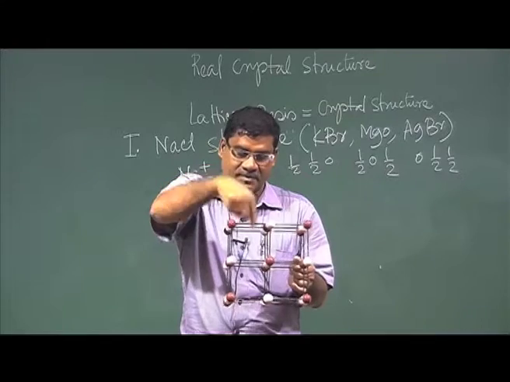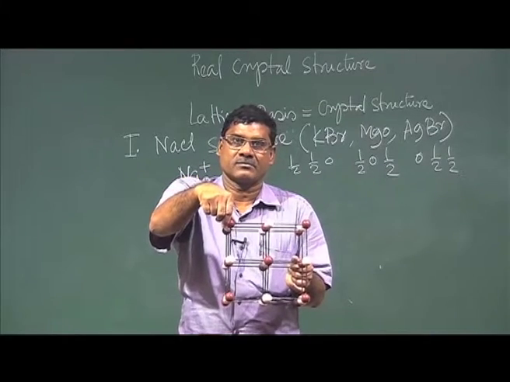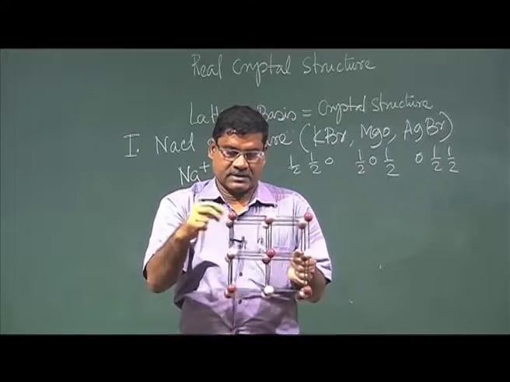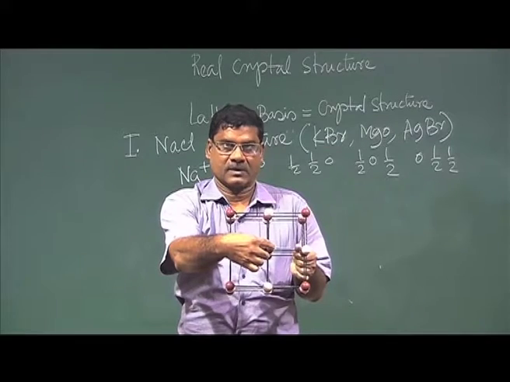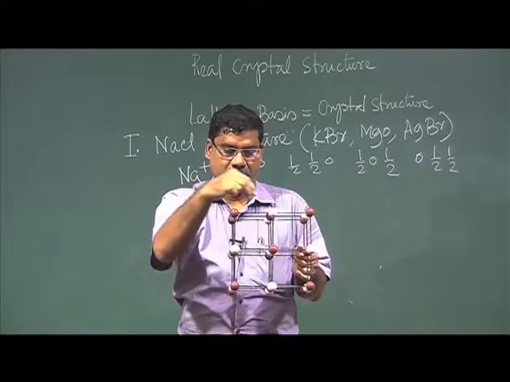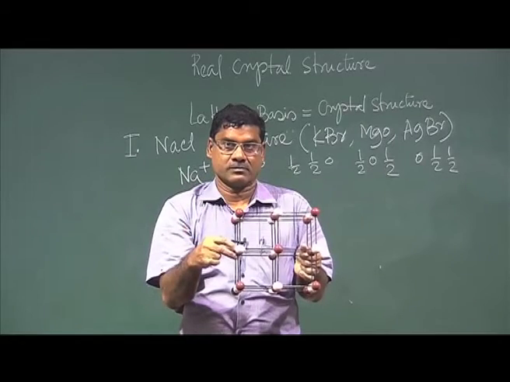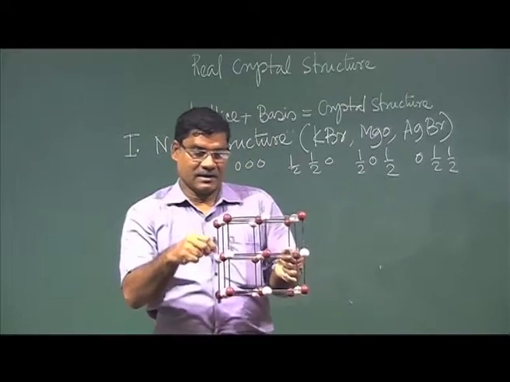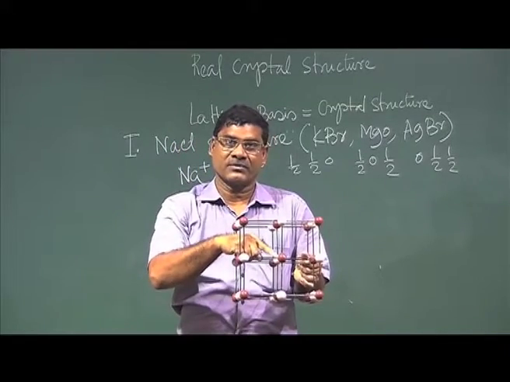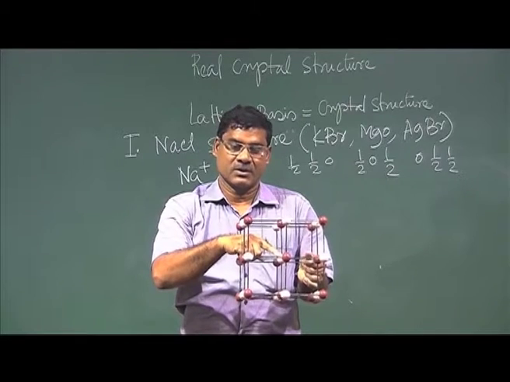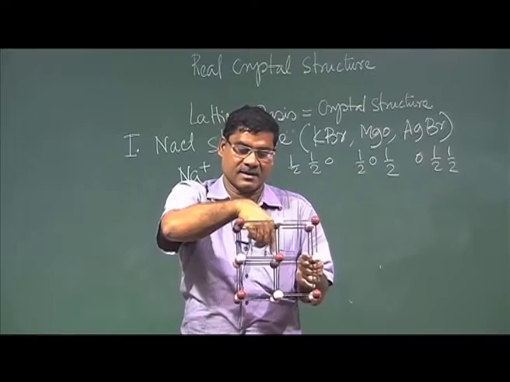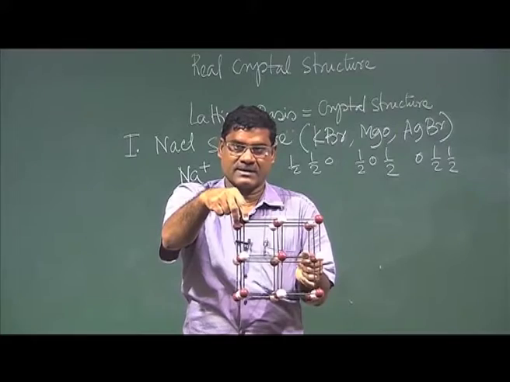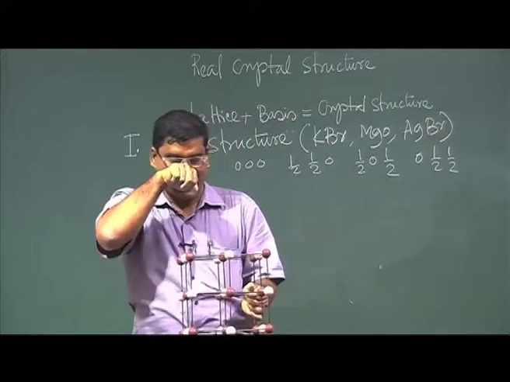So this will be the chlorine for this one, and this will be the chlorine for this one. If 0, 0, 0 is the sodium, then the chlorine is just half the body diagonal distance away.